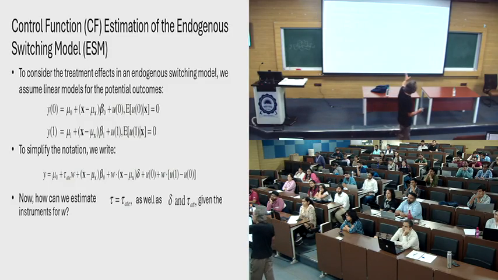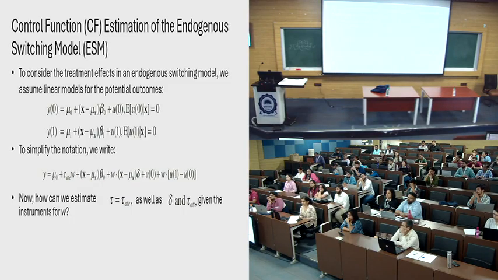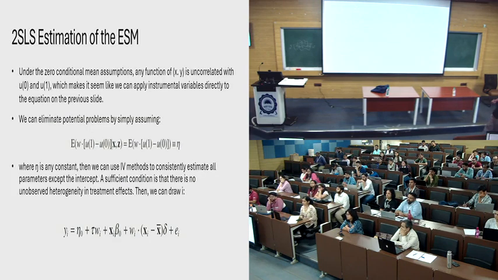Then my u0, recall I had that in the beginning, and then w times u1 minus u0. That also I had in the beginning. So our question is, I want to estimate the average treatment effect, delta, as well as the average treatment effect of the treated. Right? Clear? So that's my goal, given the instrument for W.